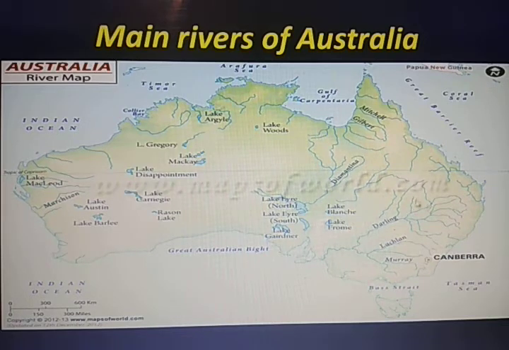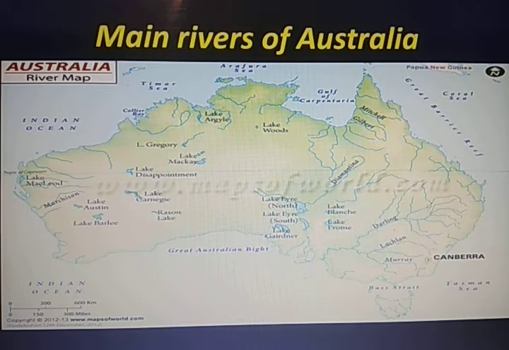So these three rivers produce a basin, along with Lake Eyre, right? The Central Lowland, coming from the Gulf of Carpentaria to Lake Eyre, is the highly agricultural land of Australia, which is supported by these two rivers, the Murray and the Darling, right?